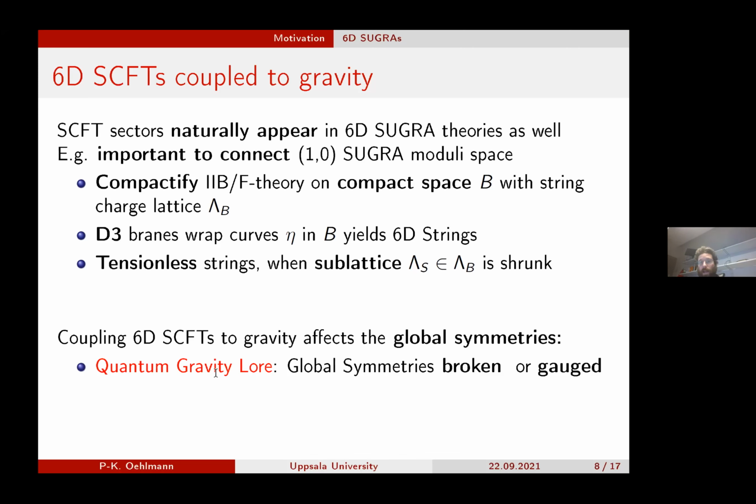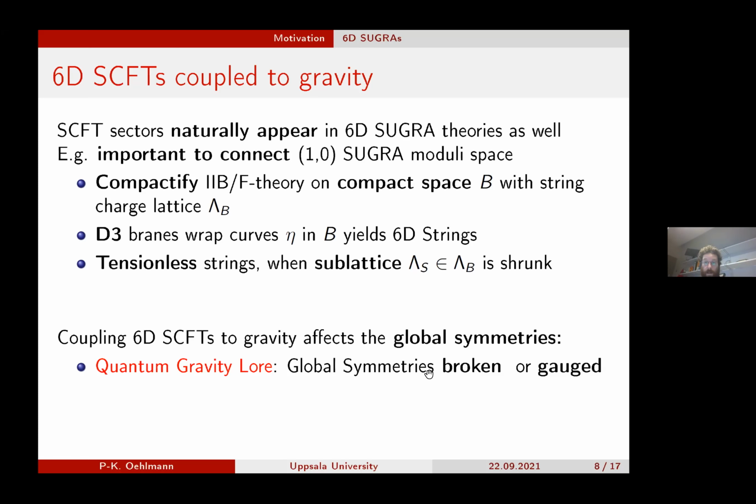So of course, as I just told you, 6D SCFTs can in principle have a huge number of global symmetries, and one of them being these two-form symmetries that I just told you about. But there is this common quantum gravity law that now that these SCFTs, or this subsector, are living in a gravity theory, the global symmetries can essentially have only two different fates.